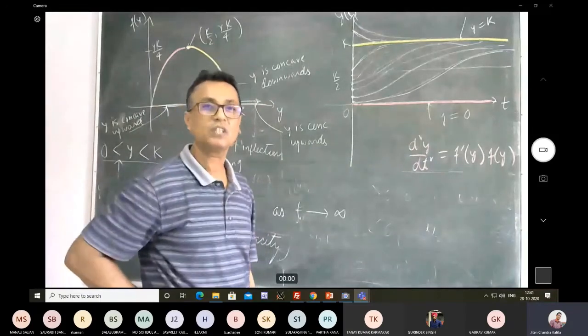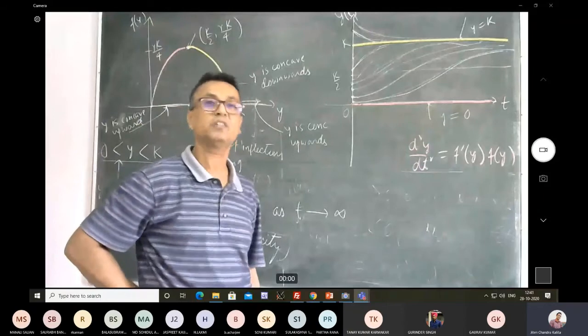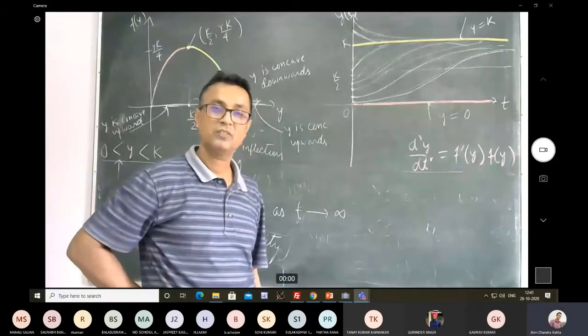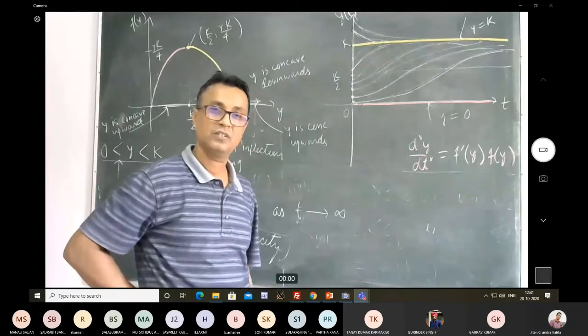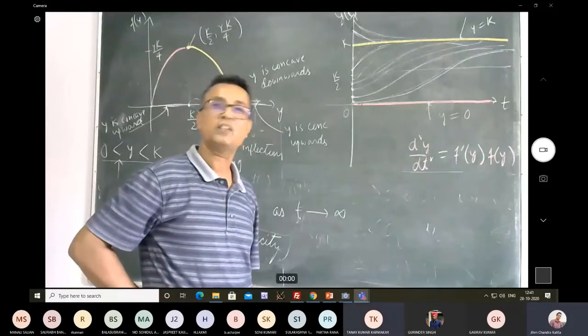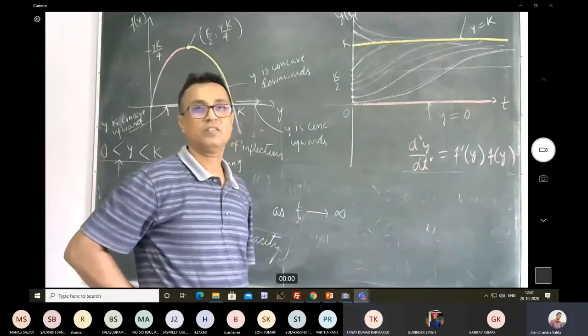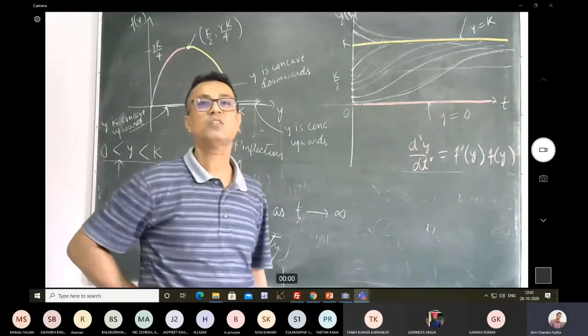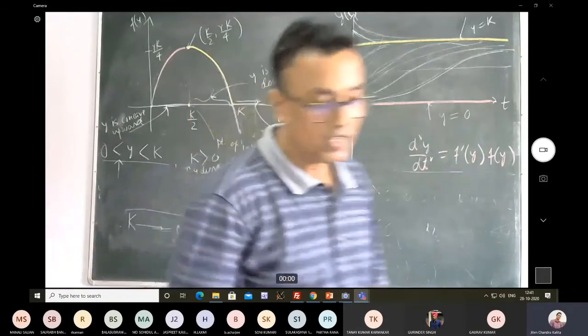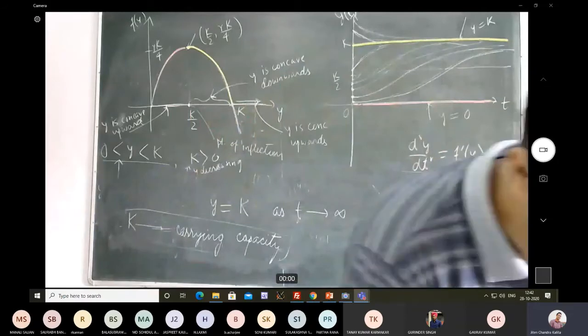The population is never going to go beyond a certain number. It is approaching k, but never going to be equal to k. We are not allowed that because of the uniqueness of the solution. Is it okay? Fine.